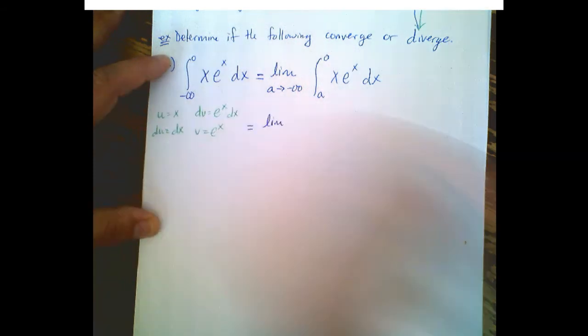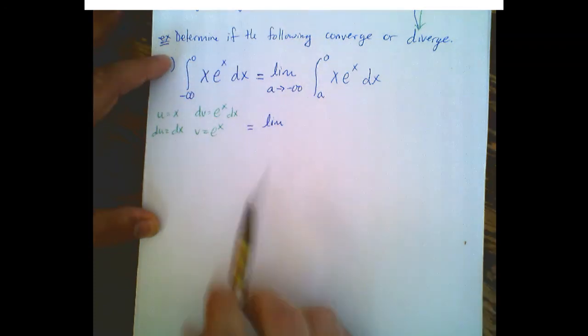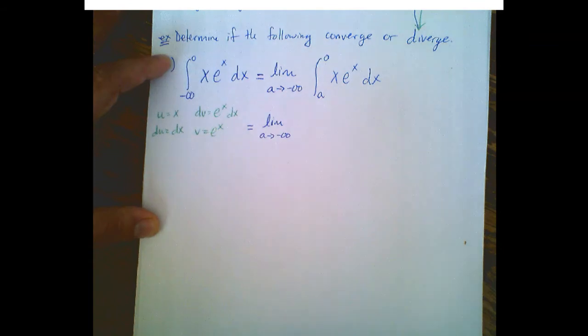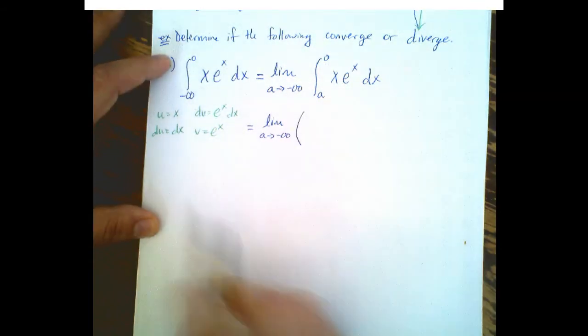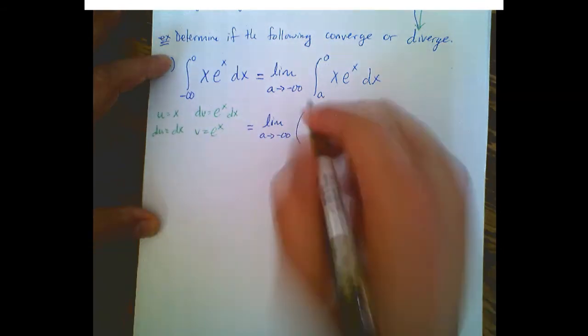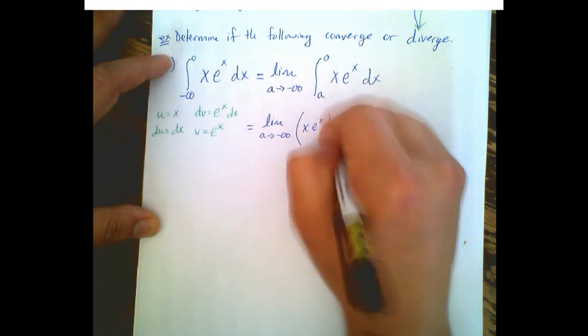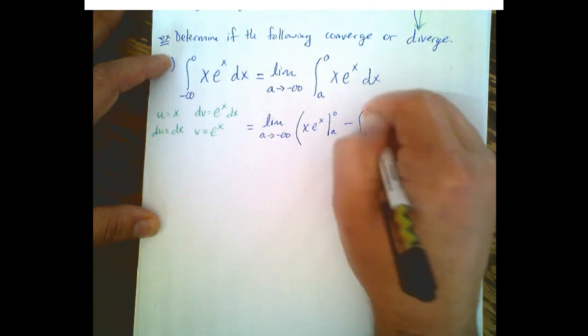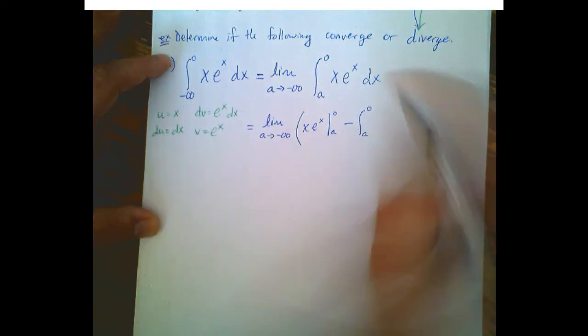So du is 1 dx, and v is e to the x. So the limit as a goes to negative infinity of, use your integration by parts formula, x e to the x from a to 0 minus the integral from a to 0 of e to the x dx.